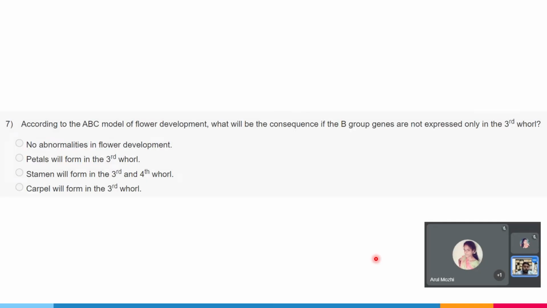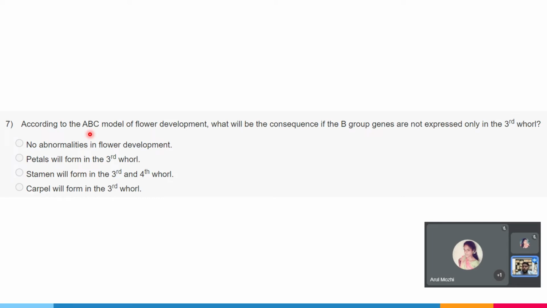to the following. According to the ABC model of flower development, what will be the consequence if B group genes are not expressed only in the third whorl? So, let us first talk about the ABC model of flower development. We know that the flower has majorly four parts: the sepal, the petal, the stamen, and the carpel.